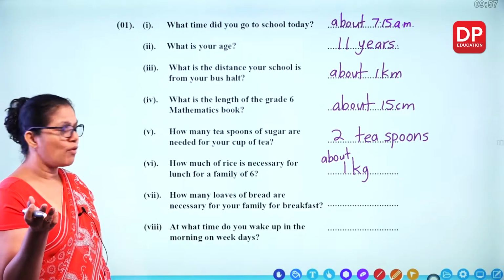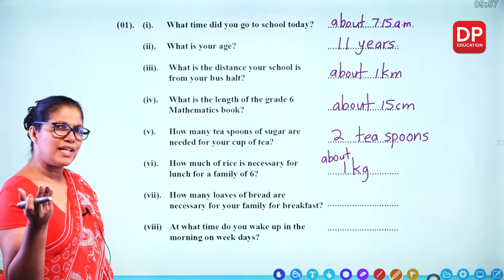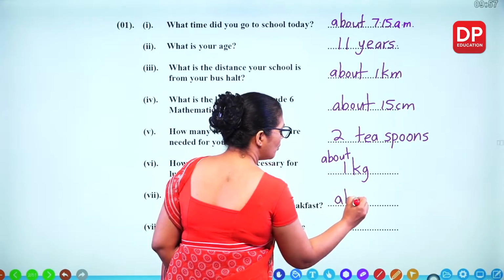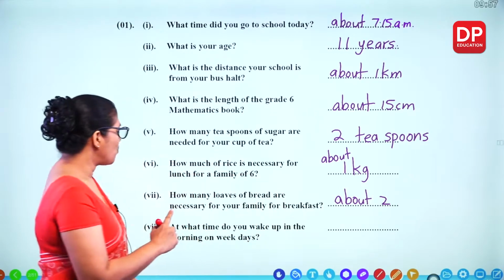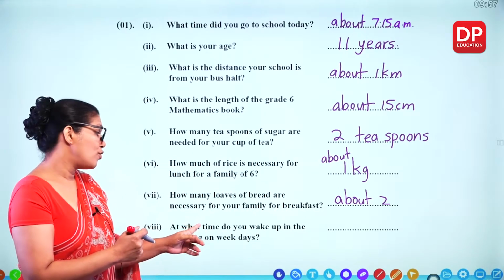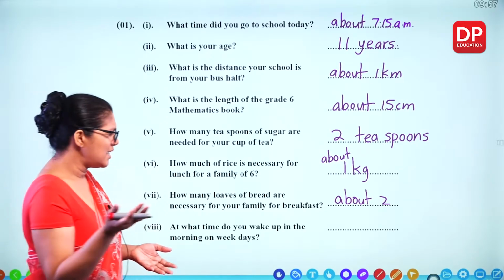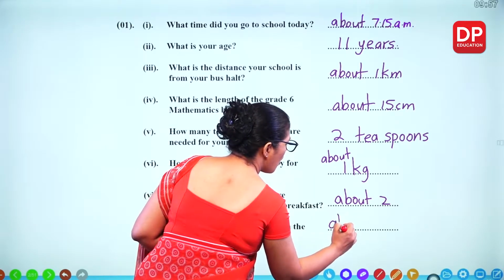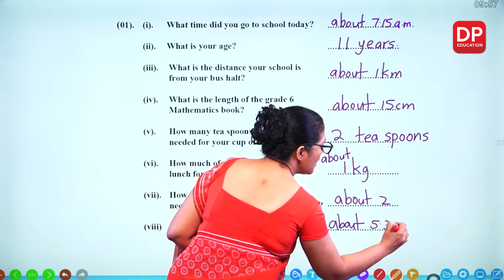If you have 4 in your family, how many? 2 loaves, about 2. At what time do you wake up in the morning on weekdays? So you have to go to school, so you wake up around, about 5:30 a.m.